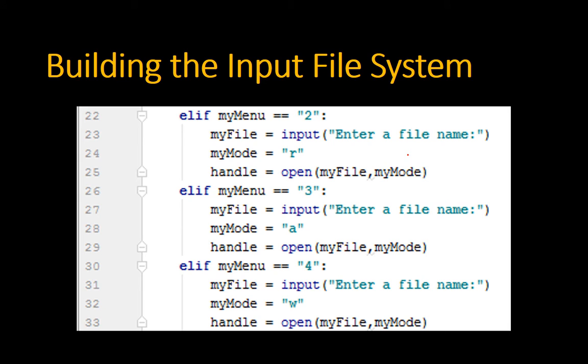Notice at number 3, we are appending, and that was part of our requirement. Let me see if anybody's looked at it in the textbook. What happens when we open a file with an R, a file mode of R? Read only, right. If we open it with an A, that means you can read it and append it, okay?